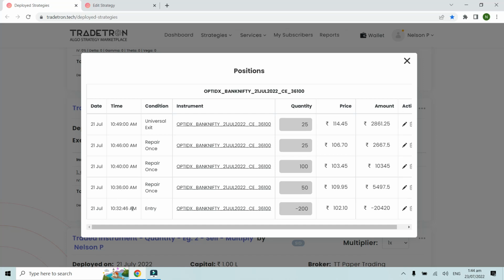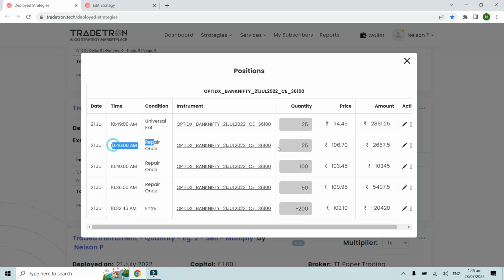After 3 minutes from when I deployed the strategy, that is the initial square off condition, it squared off 50 quantity. So it bought 50 quantity after selling initially. And after that, after 4 minutes, it squared off another 50% out of this, as per the second repair.